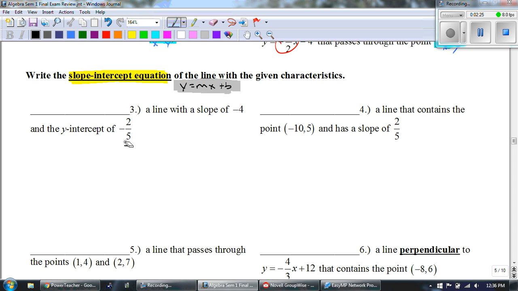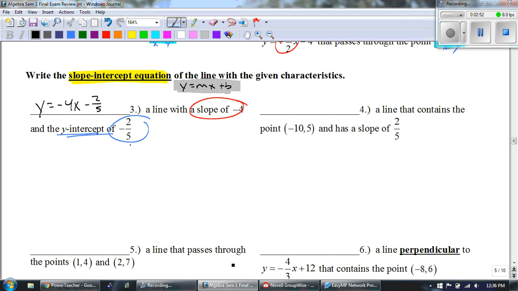Well, sorry, I'm jumping ahead of myself because this one tells me what the slope is, and then it tells me what the y-intercept is. So I can go straight into my answer that y equals -4x minus 2/5. Okay, just because it's a fraction doesn't mean it's the slope. I'm going to make that x look nicer.